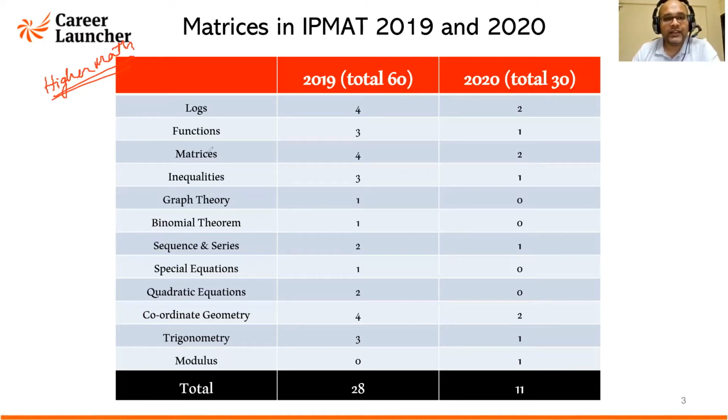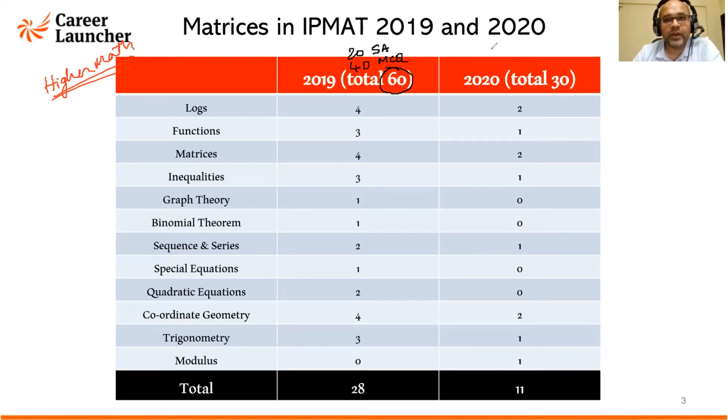Now, in the 2019 question paper and the 2020 question paper, the total number of questions in 2019 were 60 and the total number of questions in 2020 were 30. This 60, as you all know, is broken up into 20 questions of short answer and 40 questions of MCQ.